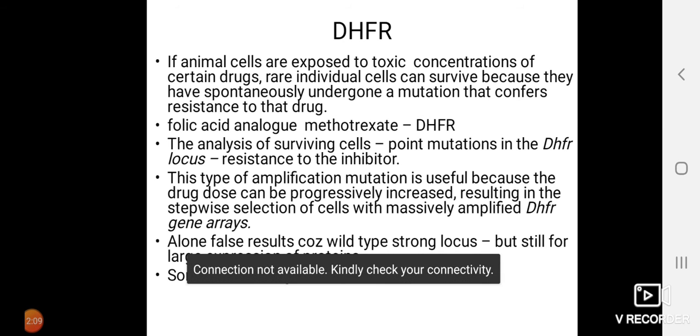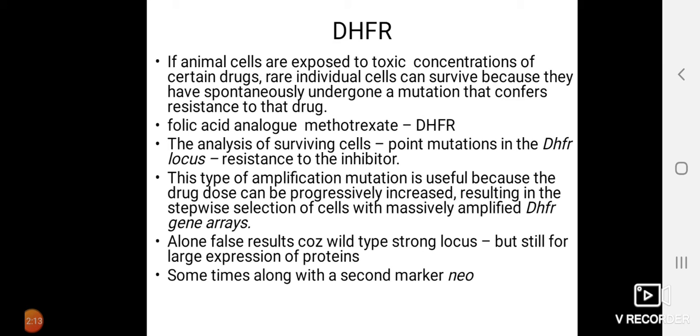For the activation and maintenance of ribonucleotide reductase, it requires dihydrofolate reductase, which in turn uses the reducing power to convert dihydrofolate to tetrahydrofolate and regenerate the enzymes. So here people are using this dihydrofolate reductase enzyme.